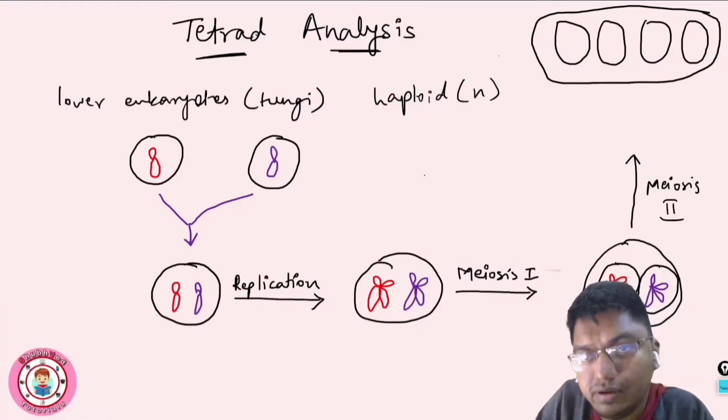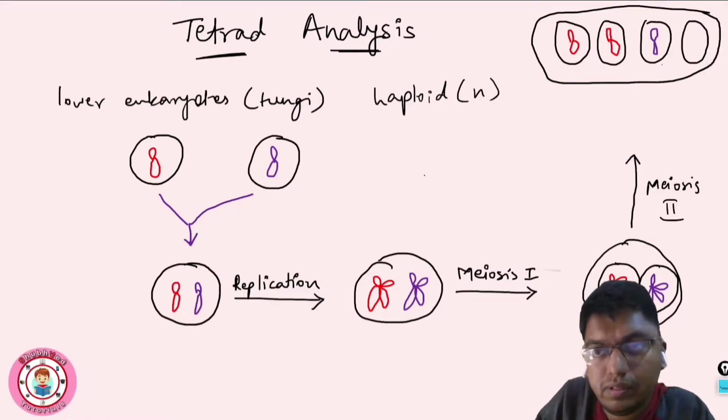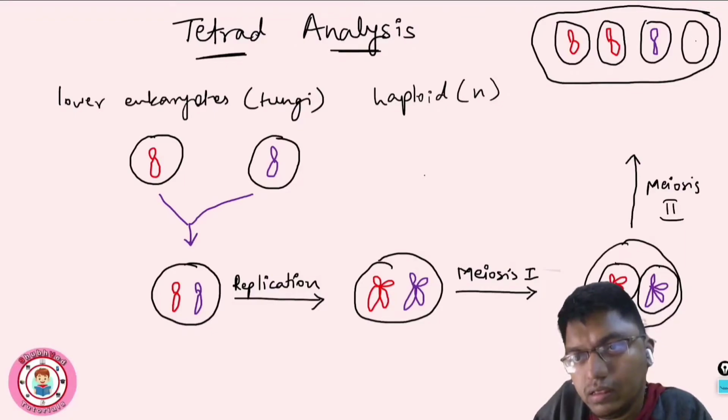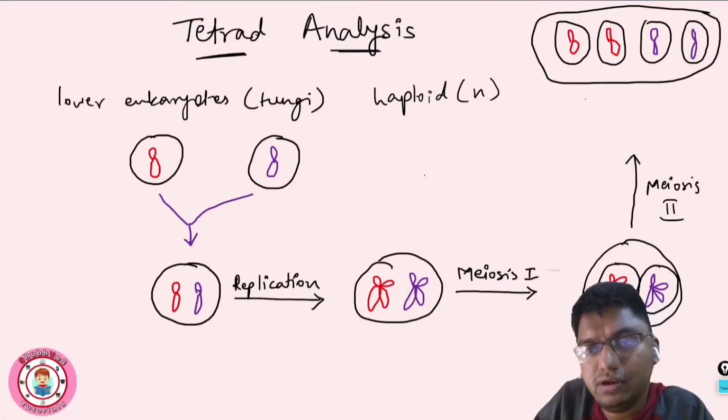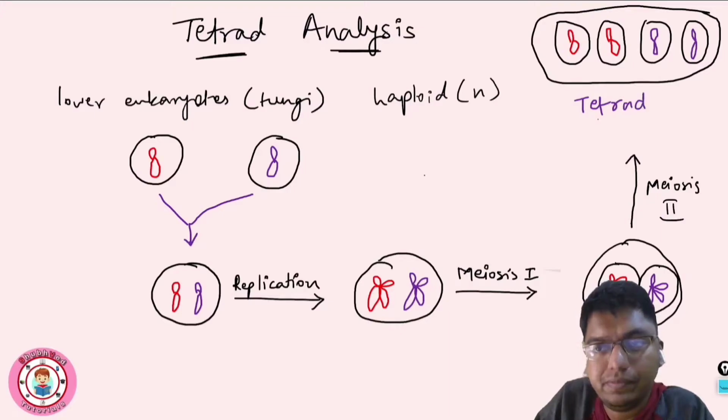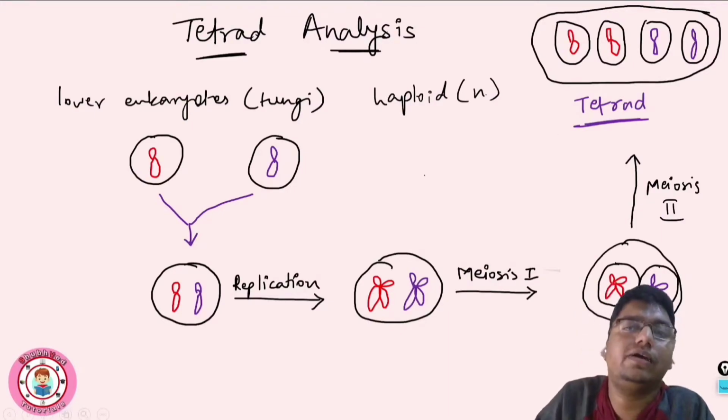After this, one chromosome will be red. So this is the arrangement of 4 after meiosis 2. This arrangement is known as tetrad. So this is tetrad.